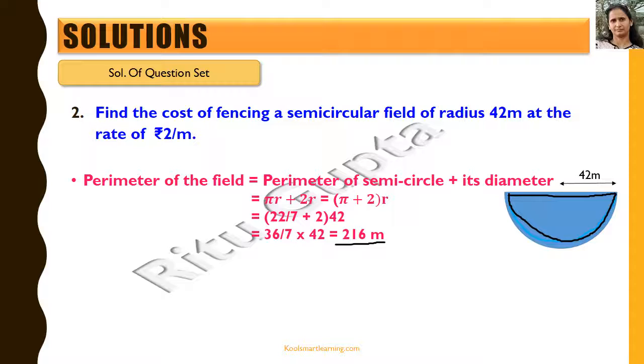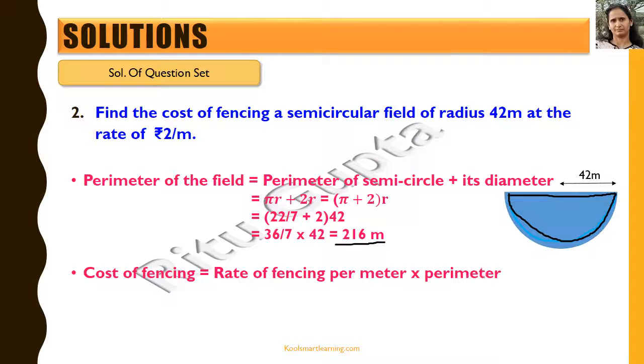Now since the rate of fencing is given to be rupees 2 per meter, we'll multiply this with 2 to get the total cost of fencing this field, which is 216 multiplied by 2, and that comes out to be 432 rupees.